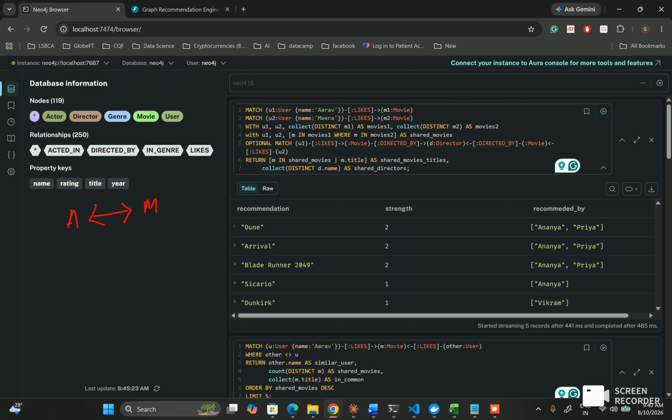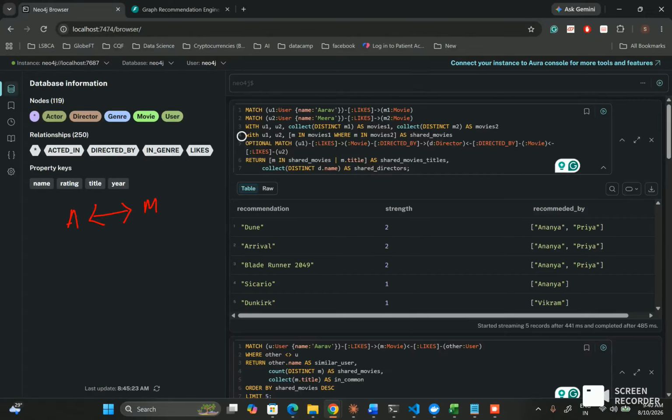Okay, in two different ways, right? Not just did they like the exact same movie, but also do they secretly both love the same director, even through completely different films.